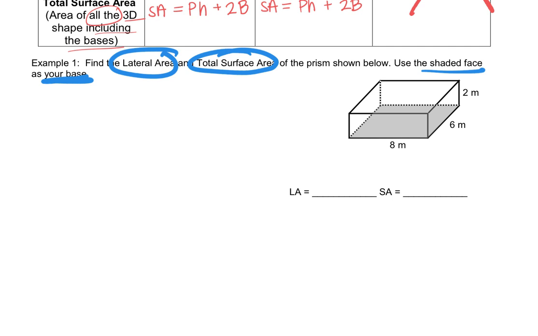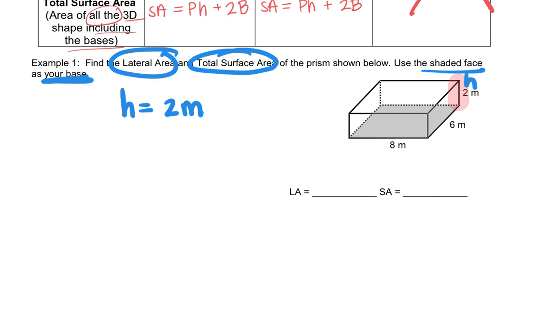So what I'm going to do, since I know the bottom and the top are my bases, I'm going to say that 2 is my height. I'm just going to label it right there. H for height. So H equals 2 meters. Okay.